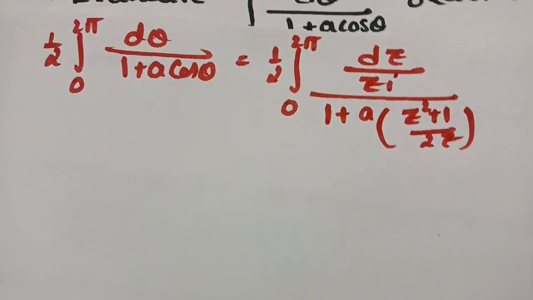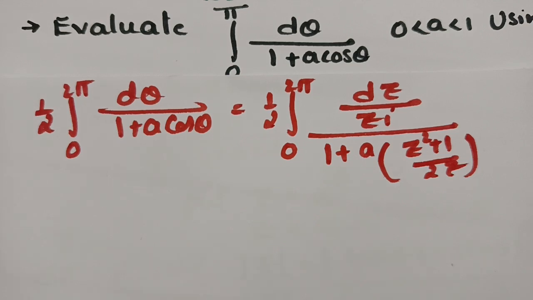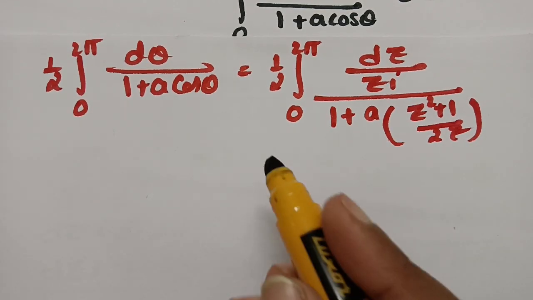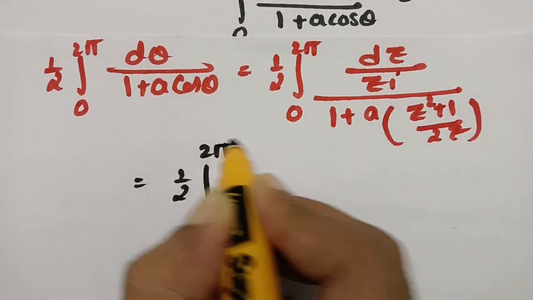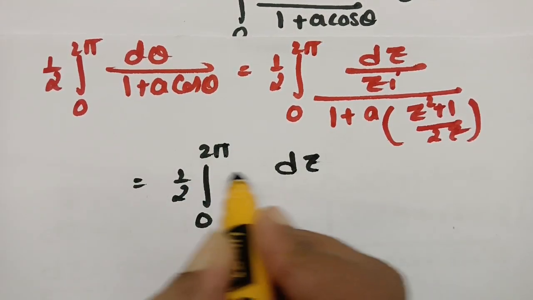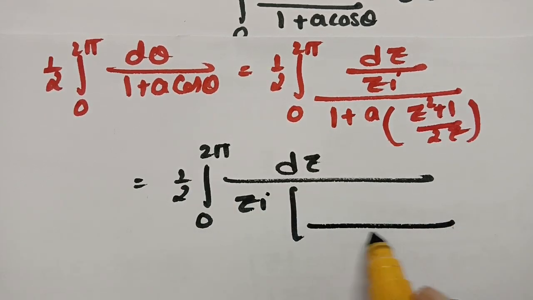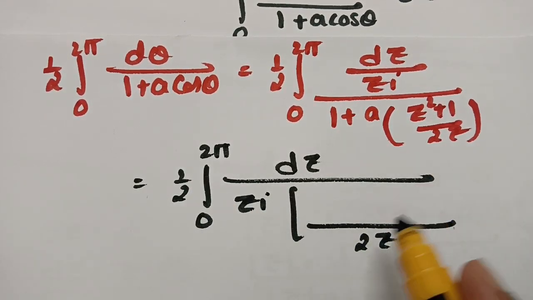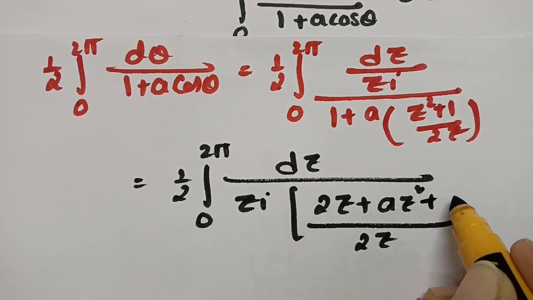After substituting all the values, now I am going to calculate this one. So this value is equal to half times the integral from 0 to 2 pi of dz by z i into, if I take 2z as LCM, 2z plus a into z square plus a.